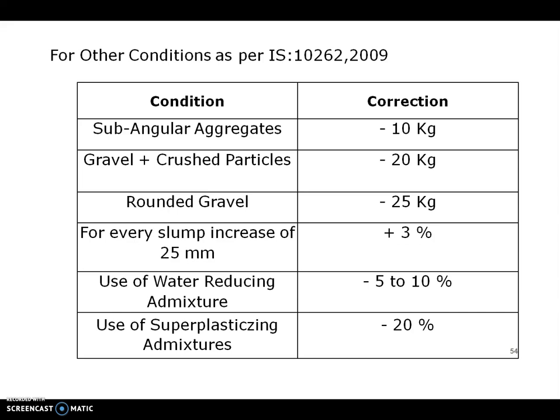If gravel with crushed stone, then it is 20 kg decrease. If rounded gravel, then also 25 kg decrease. For every slump increase of 25 mm, it increases 3%. Use of water reducing admixture, then it ranges between -5 to 10%. If we use super plasticizing admixture, then it decreases 20%.